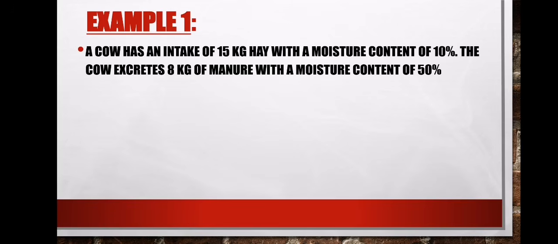When you read the statement, you read the first part. Whether there will be a full stop there, or a comma, or an 'and'. So when we read this one, most of the time the first part is intake and the last part is outtake, but it's not always the case. Let's look at this one: a cow has an intake of 15 kg hay with a moisture content of 10%.